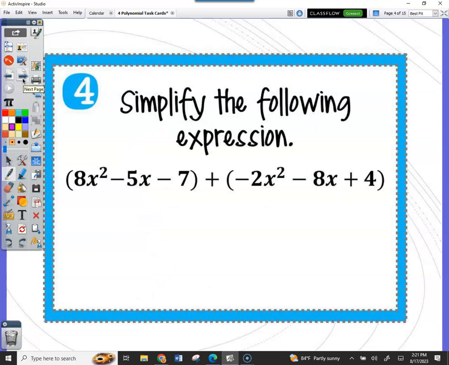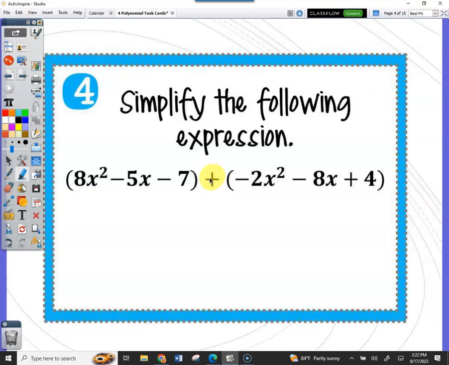Now, number 4. One of the most common mistakes that I see people make is they see parentheses and they immediately multiply. Is this a multiplication problem? No. This is an addition problem. So please don't jump to multiplying just because you see parentheses.